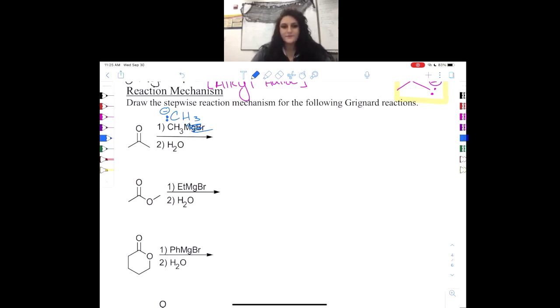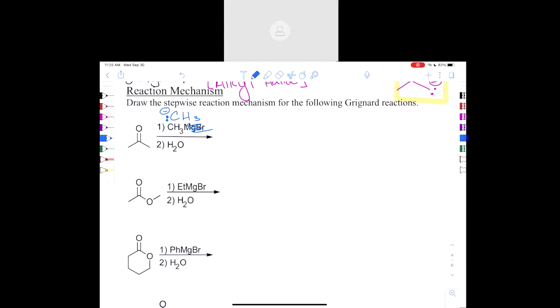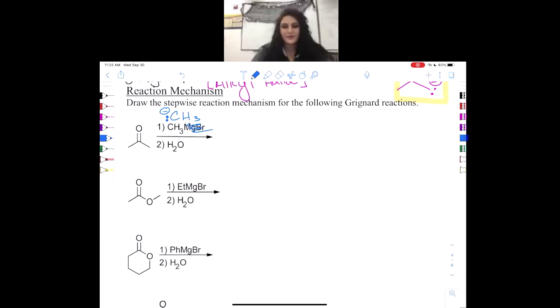Since it's a ketone, we could attach it to either carbon. So you're actually going to attack the carbonyl carbon. We're going to attack here like this.